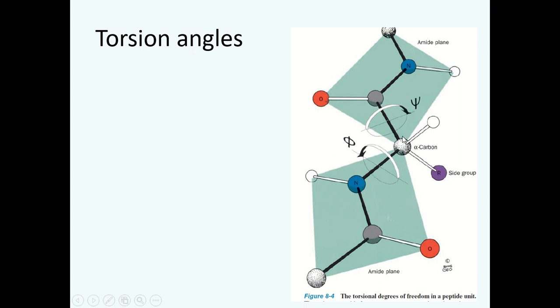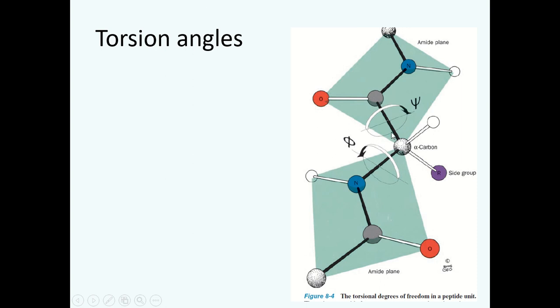So the bond between alpha carbon and the carboxyl is called the psi bond, and the bond between the alpha carbon and the amino is called the phi bond. So across these bonds, rotation is possible. Sometimes the peptide bond is also called the omega bond, and rotation is not possible across this bond. So rotation is only possible across the phi and the psi bonds.